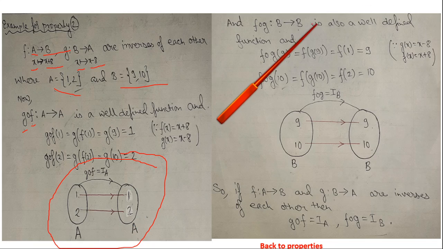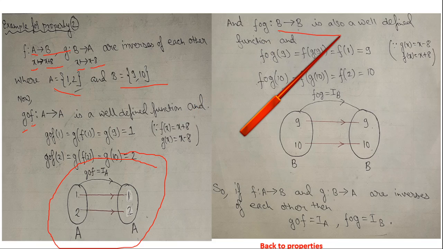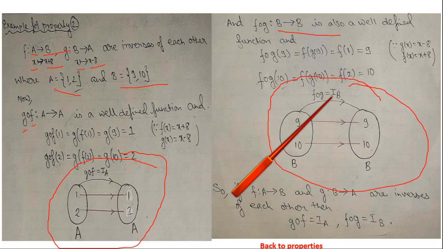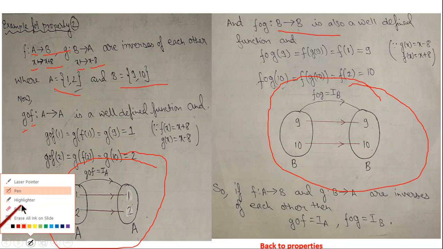Okay, and g composite f, that would be from set B to B, and again this is a well-defined function, and from the diagram it is clear that g composite f will be an identity function in set B.